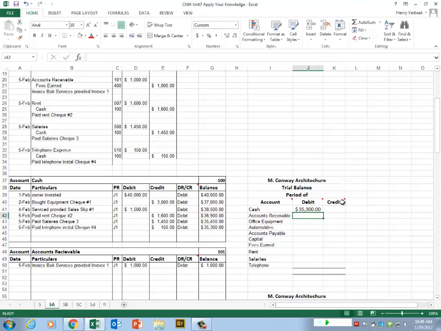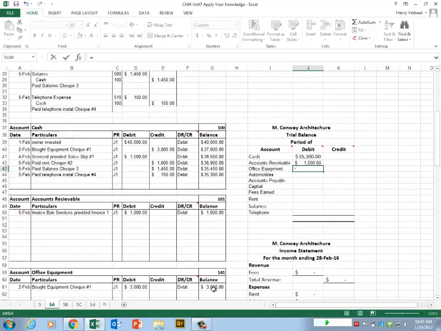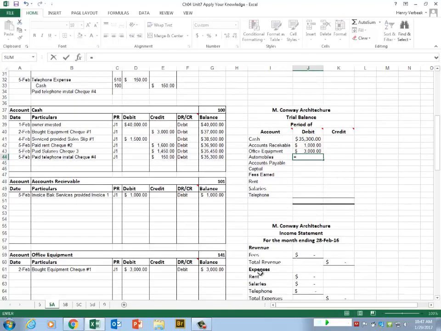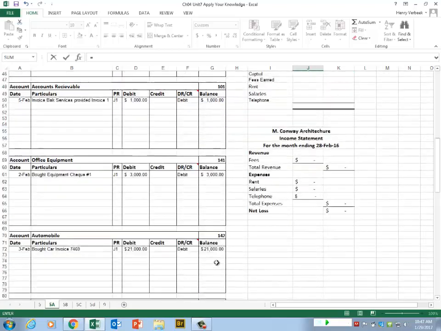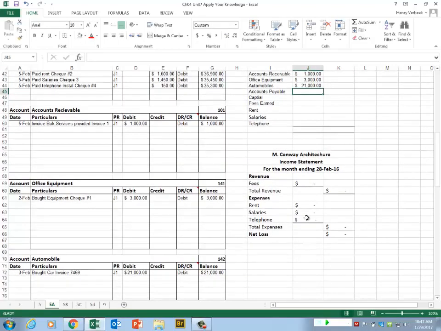If it says credit, it goes in that column. Then I'm going to go equals for accounts receivable. Enter. Equals office equipment. Enter. Equals automobile. Enter. Accounts payable. Now we know accounts payable is a credit, so I'm going to move over there.